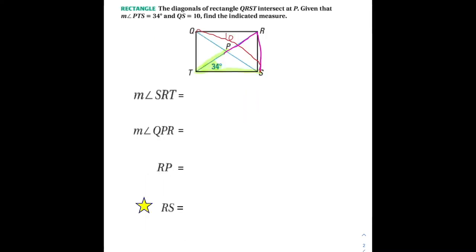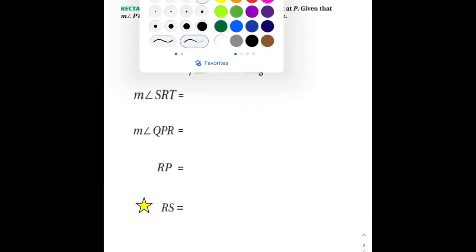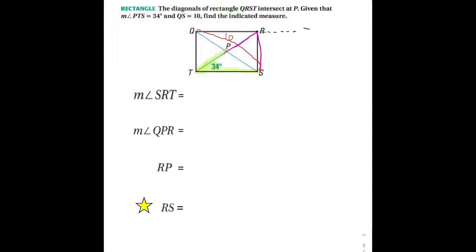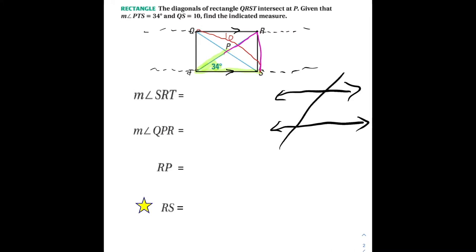As I look at the top lines here, if we remember from way back when, if I were to extend these lines, this looks like 2 parallel lines cut by a transversal. So QR is parallel with TS. Then I have 2 lines cut by a transversal, so I could have alternate interior angles.